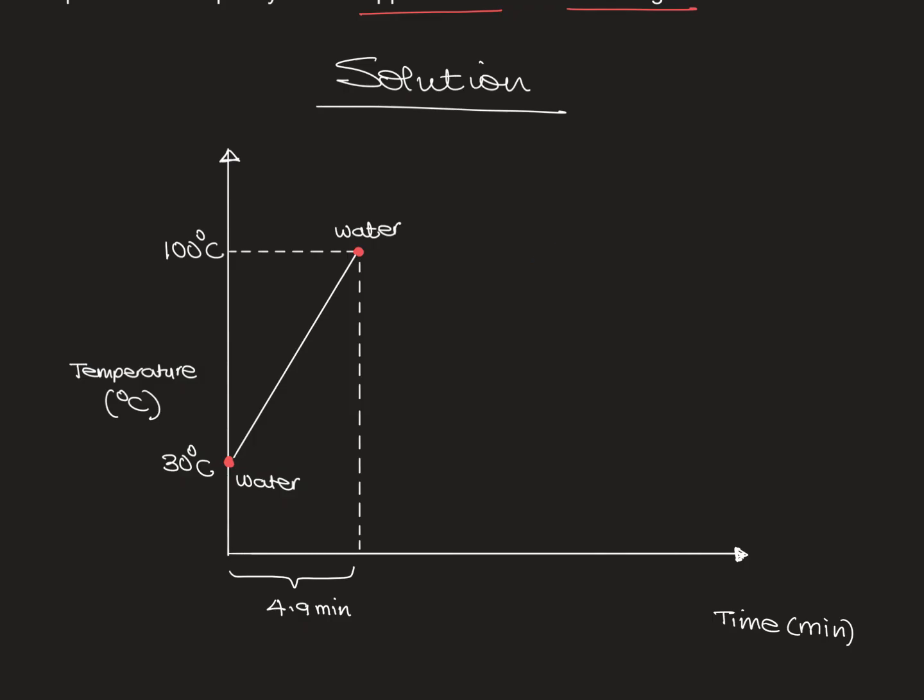That is, from water at 100 degrees Celsius, water will be converted to steam. Okay, which means we have steam at this point. And this process lasted for 22.6 minutes.